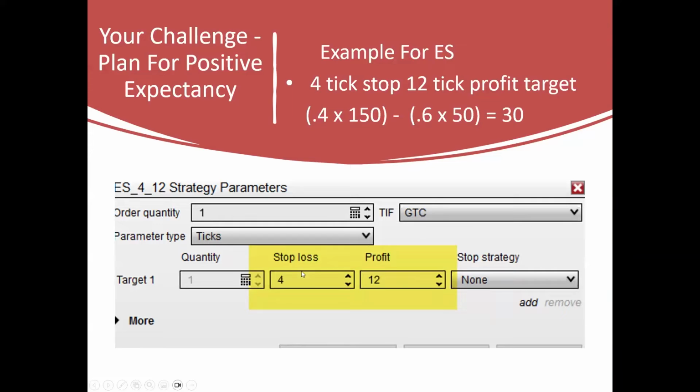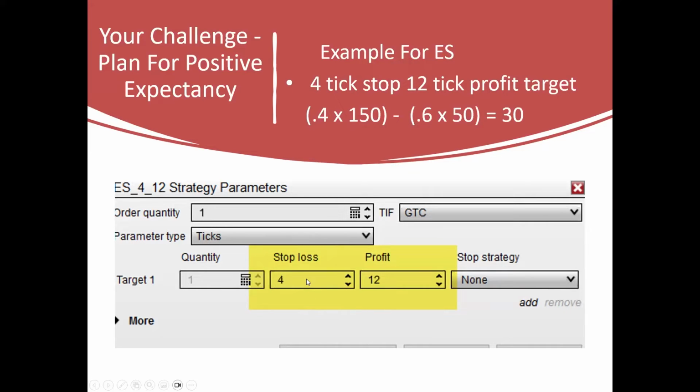All right, so with the NinjaTrader platform, for setting stops, you're going to be using the ATM strategies. And in the ATM strategies where you set your stops, typically in terms of ticks, in terms of the stop loss and profit targets. So this is an example of setting those parameters.